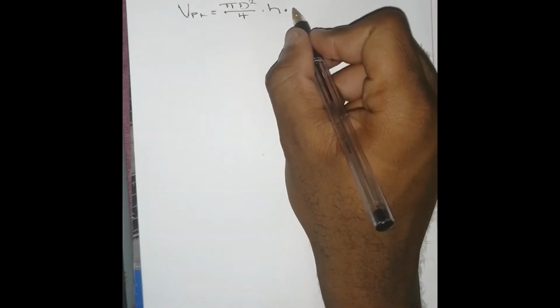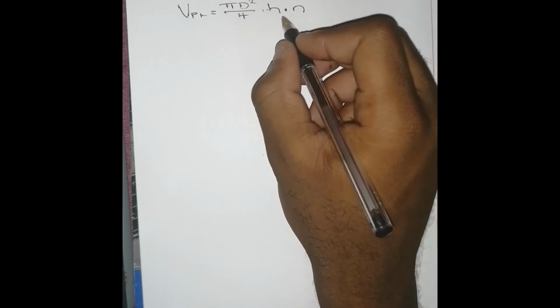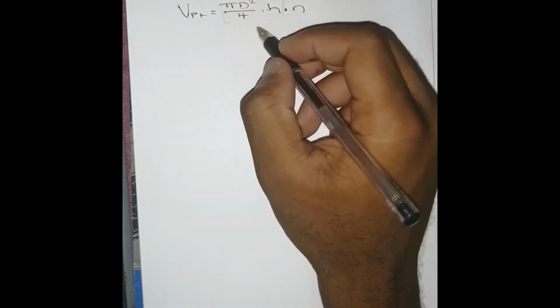Since we are told that it's being pumped for 5 strokes, we multiply by the number of strokes. Since this is per stroke, you multiply by 5 strokes. So this is the volume displaced.